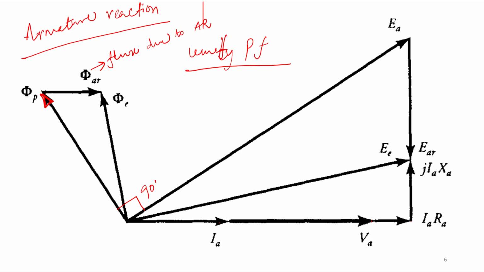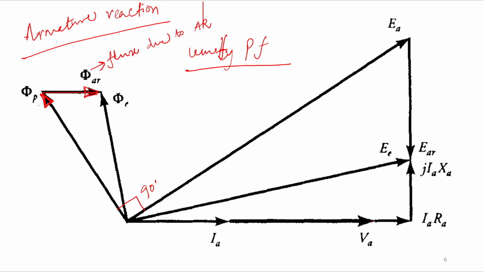So we can see here phi AR is plotted in phase with IA, but it is opposing phi P. Now we need to find the effective flux.